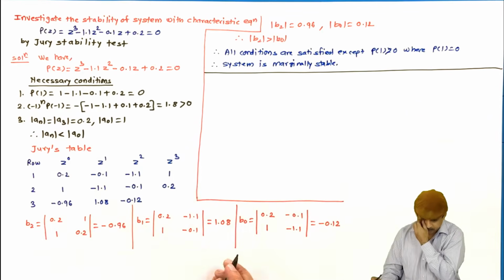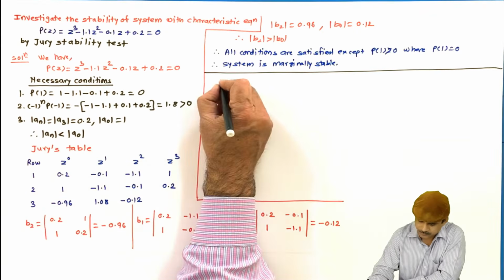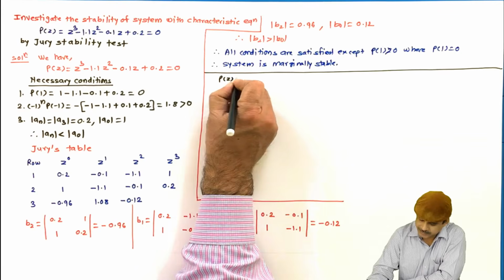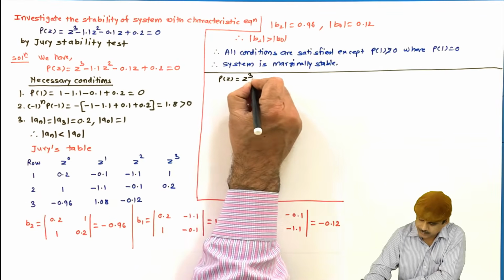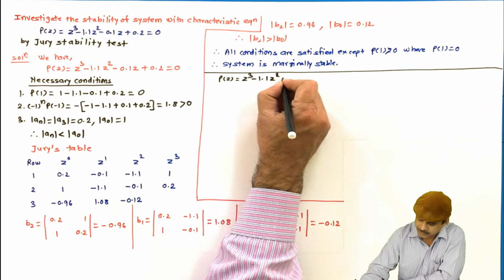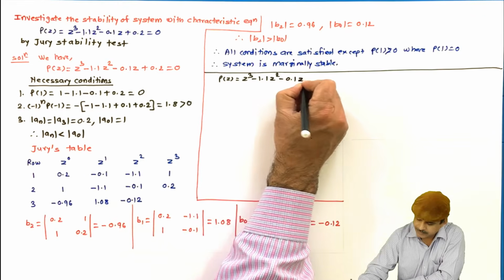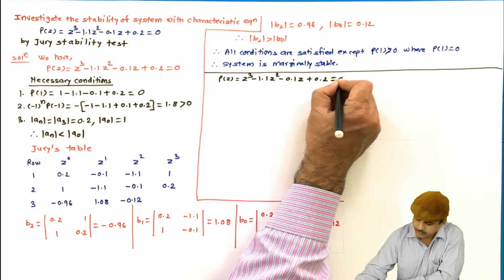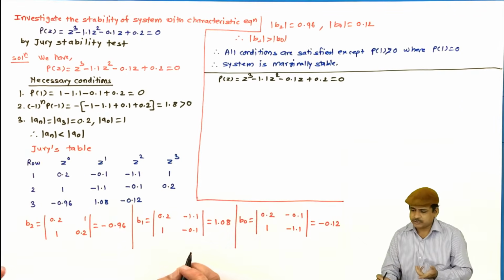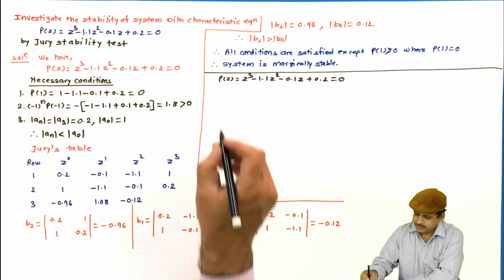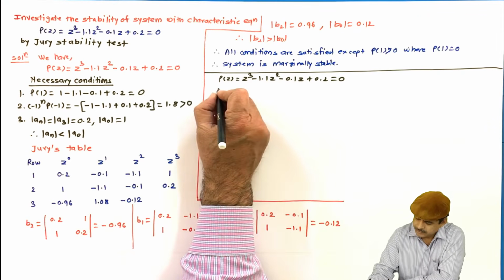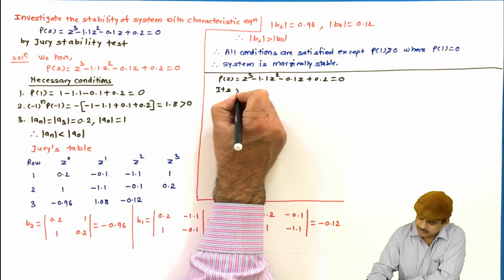So what we will do, we will do a cross verification, we will have a check. Let us find out the poles of this. P(Z) = Z^3 - 1.1Z^2 - 0.1Z + 0.2 = 0. And now let us find out its roots using a calculator.